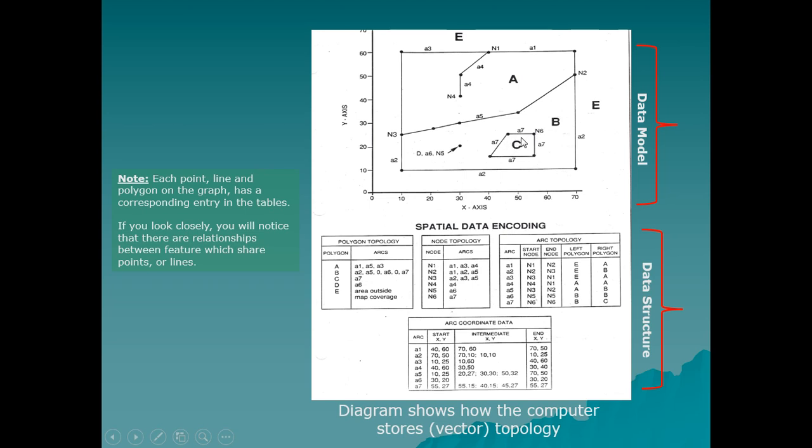Alright, so if you look, you could clearly see that polygon C is actually contained within polygon B, but we include line A7 as a boundary line for polygon B, because what you have to do is really visualize this area here as though it's a donut and a hole has been cut out of it, and then you took another piece of dough and you stuffed C right inside there.